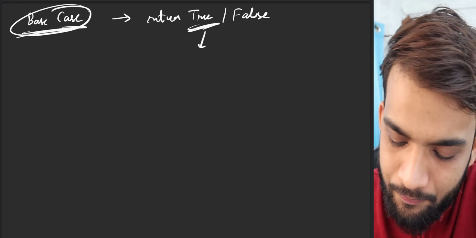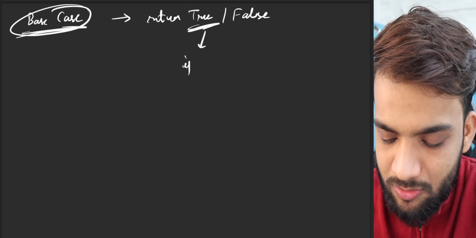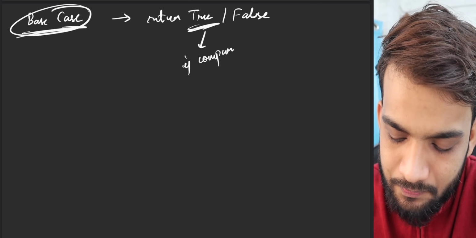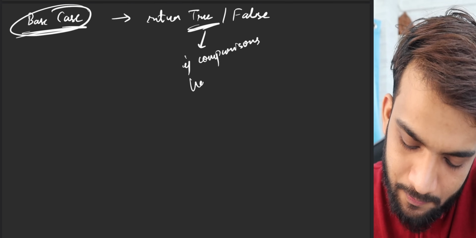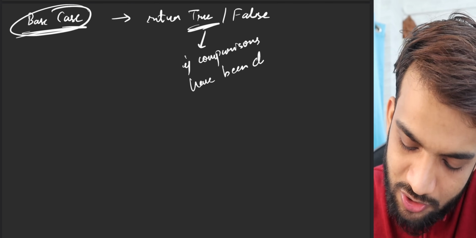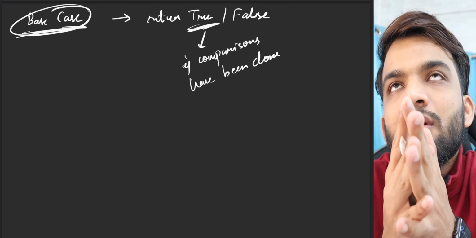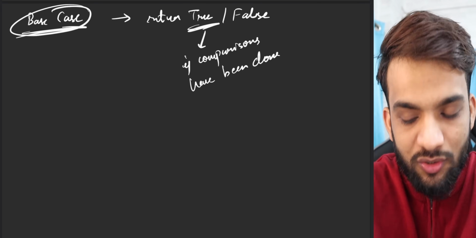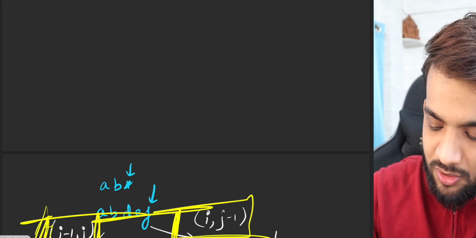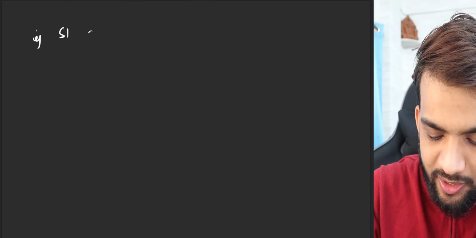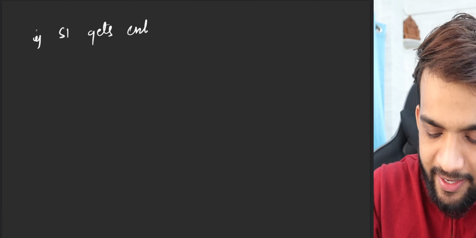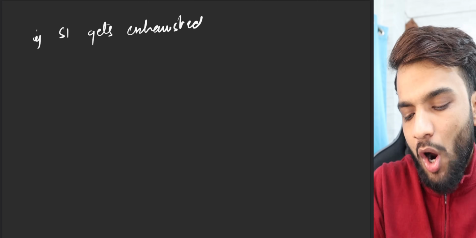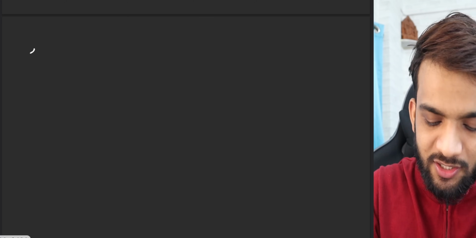I return true if comparisons have been done. So whenever you're doing string comparisons, in the previous class I told you there are two methods. What are the two methods? Either string 1 gets exhausted, or string 2 gets exhausted.